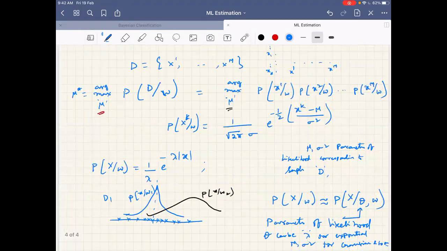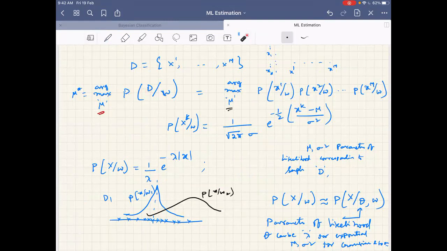The solution for that we found to be the maximum likelihood estimation. See, where did maximum likelihood come from? We are finding the best parameter, which will maximize the likelihood of all samples put together.